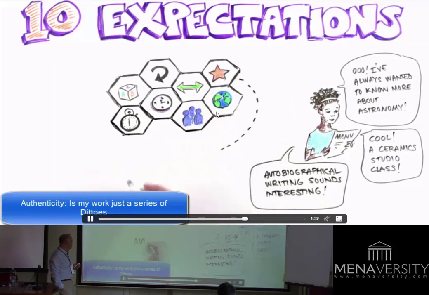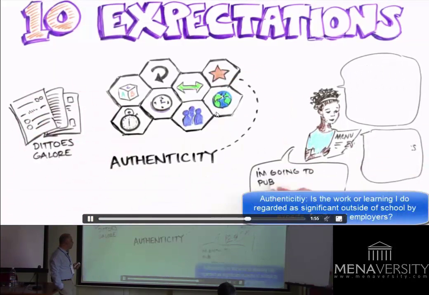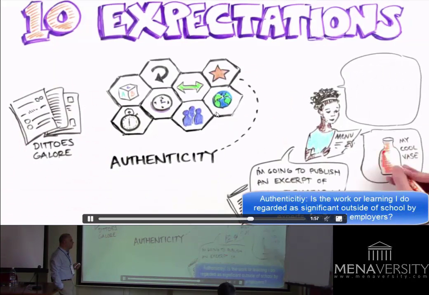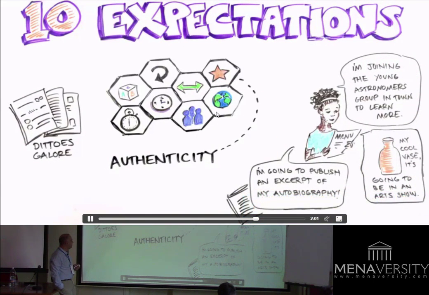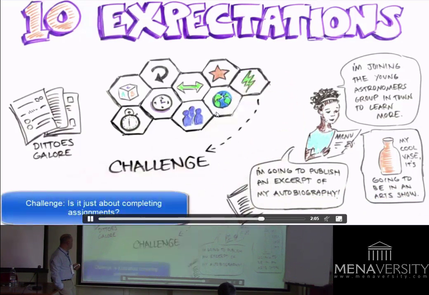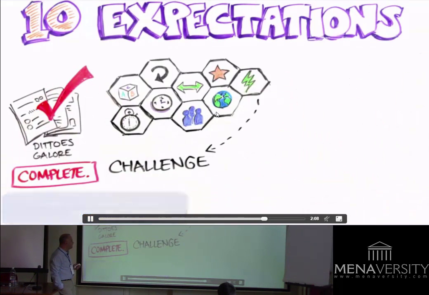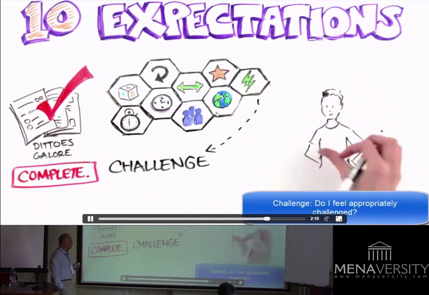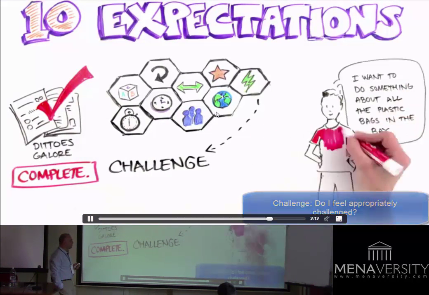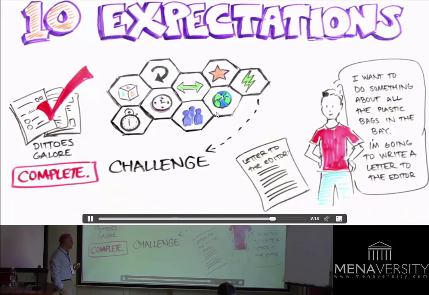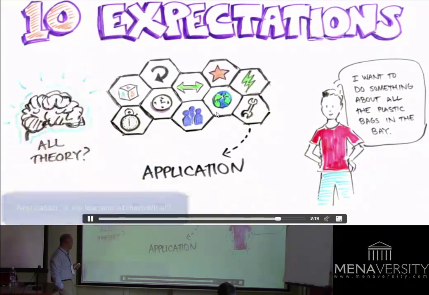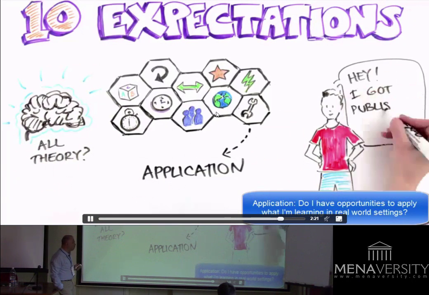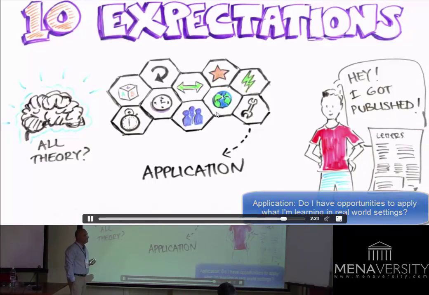Authenticity: is my work just a series of details, or is the work I'm learning regarded as significant outside my school by the community, my mentors, my teachers, my parents, etc.? Challenge: is it just about completing assignments, or do I feel appropriately challenged? Application: is my learning all theoretical, or do I have the opportunity to apply what I'm learning in real-world settings?